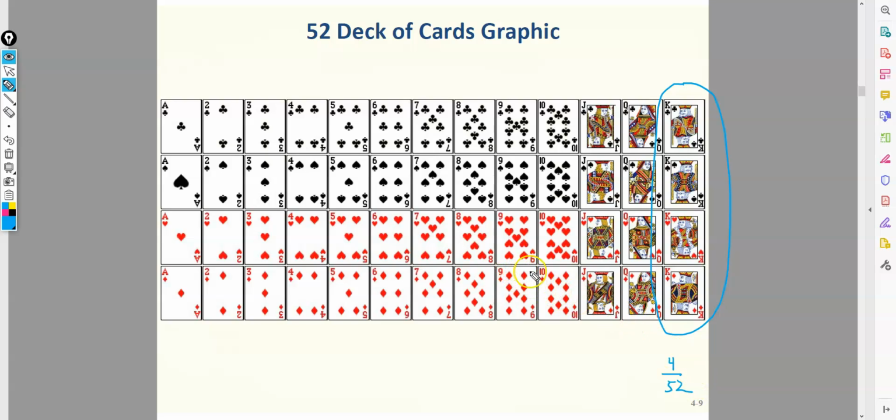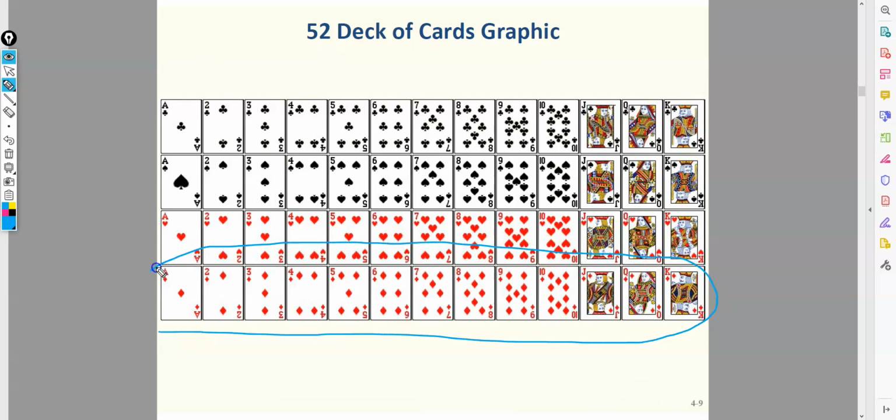For the next one, we wanted to know the probability of drawing a diamond, and you notice that there are 13 diamonds in a deck of cards. And so the probability of getting one of these diamonds is going to be 13 divided by the number of cards you have, 52. So 13 divided by 52, and that's the probability of drawing a diamond in a deck of cards.